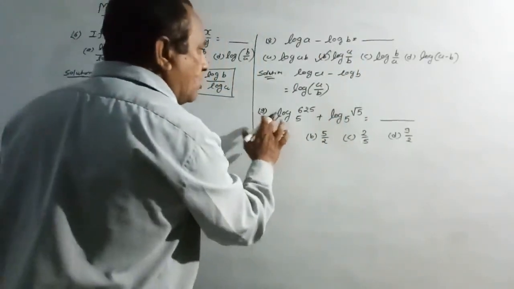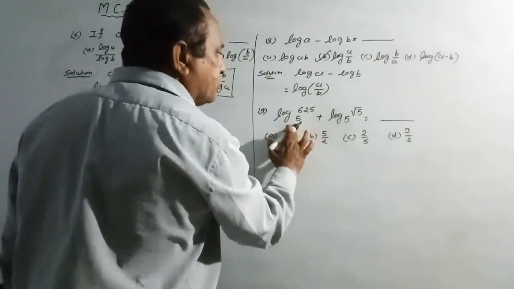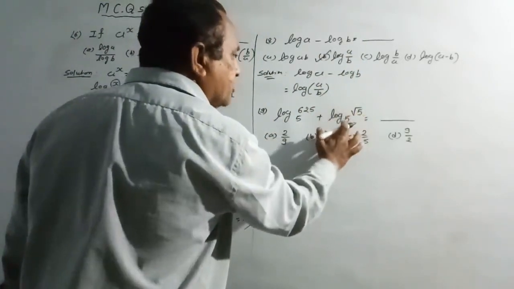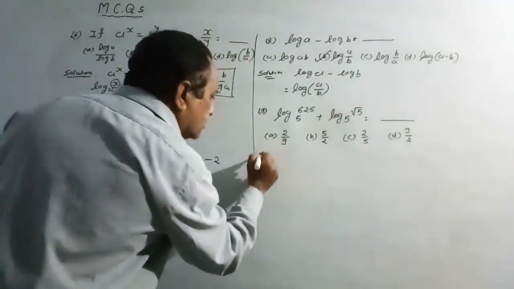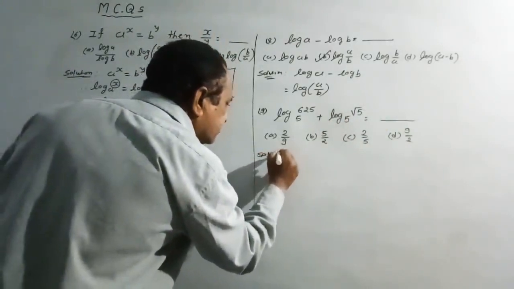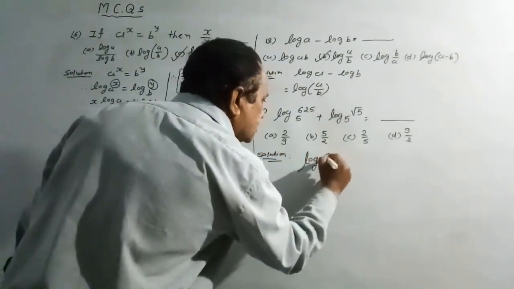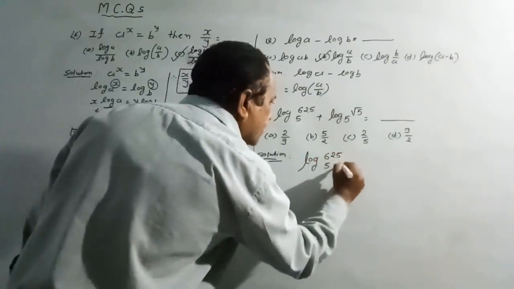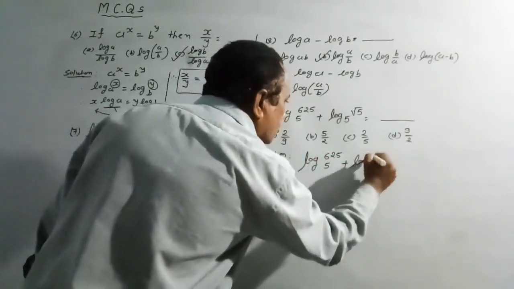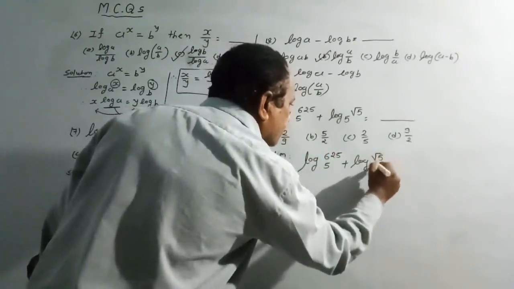Blanks number 9. Log 625 base 5 plus log root 5 base 5 is equal to blank. Now here given log 625 base 5 plus log root 5 base 5.